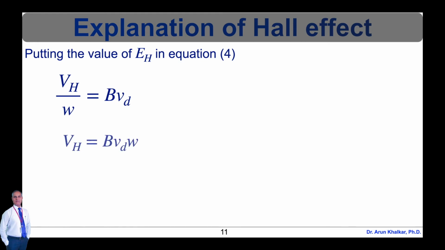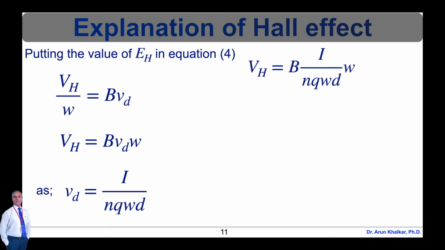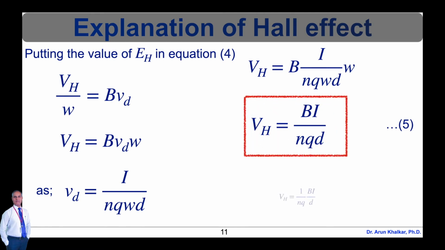By rearranging this equation, we can write VH is equal to B into VD into W. As we know that VD, that is the drift velocity, is equal to capital I, that is the current, divided by NQWD. Therefore, VH is equal to B into I upon NQWD into W. So by simplification of this equation, we can write VH is equal to BI upon NQD. Let's say this is equation number 5.